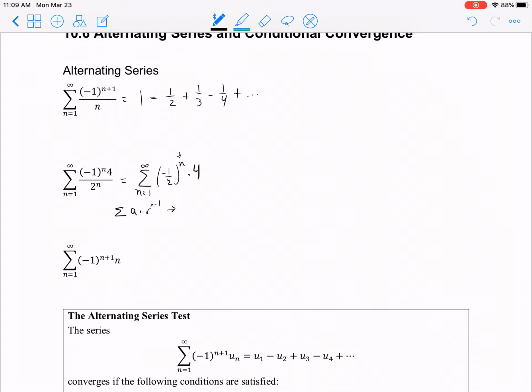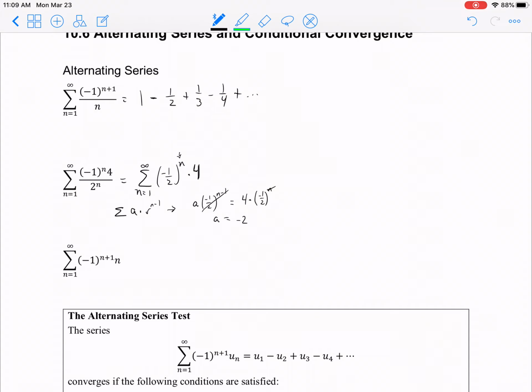So what we could do is look at this and say we have a times negative 1/2 to the n minus 1. That's what we're looking for. And what we have is 4 times negative 1/2 to the n. And if we cancel this out, we'll be left with a equals 4 times negative 1/2, which is just negative 2. So our actual a value here is negative 2.